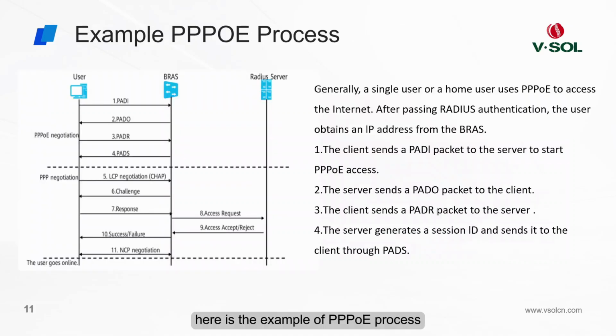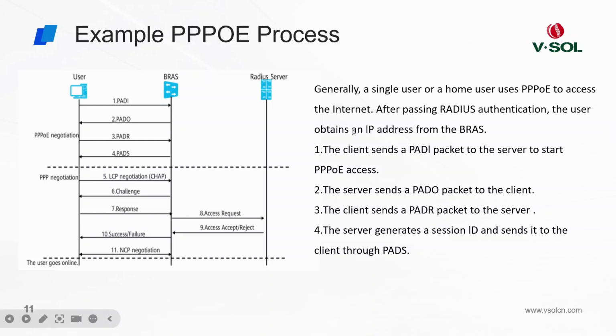Here is an example of the PPPoE process. Generally, a single user or a home user uses PPPoE to access the Internet. After passing RADIUS authentication, the user obtains an IP address from the server. 1.